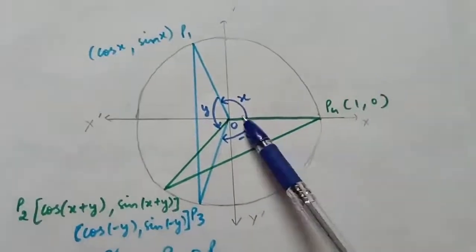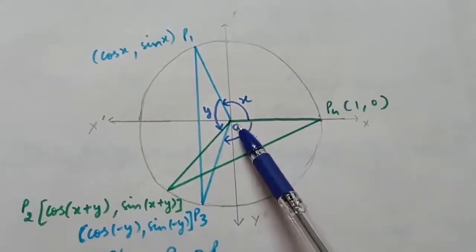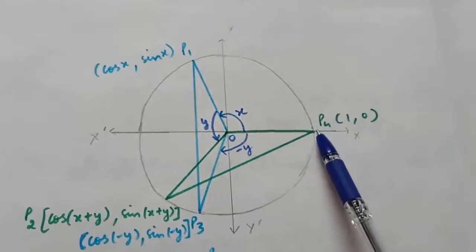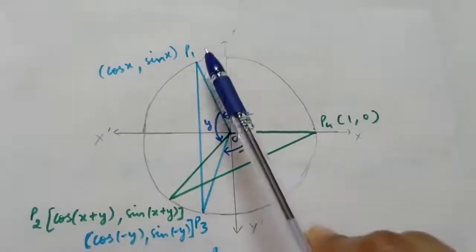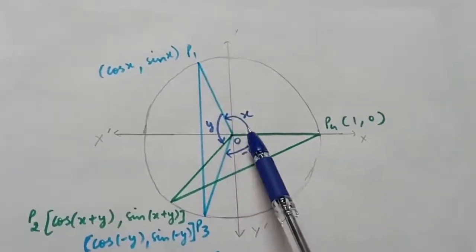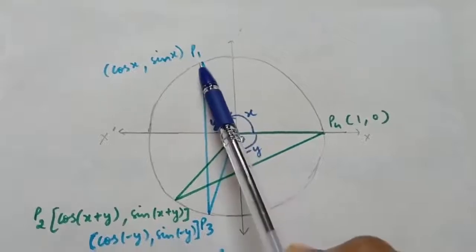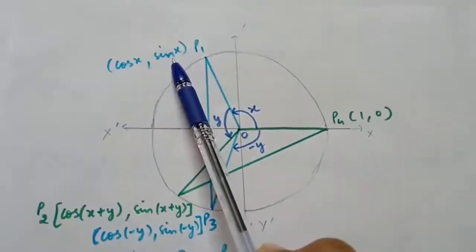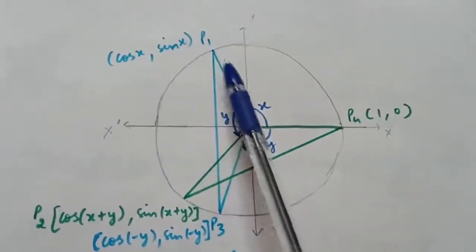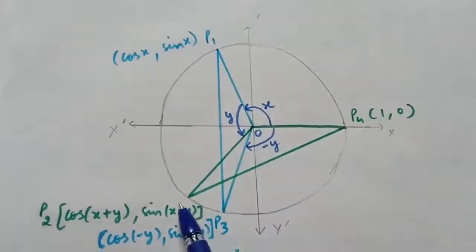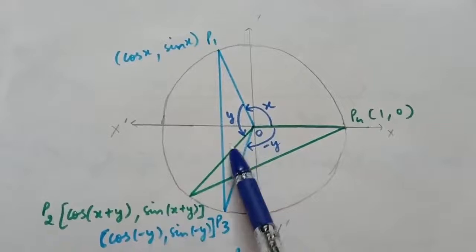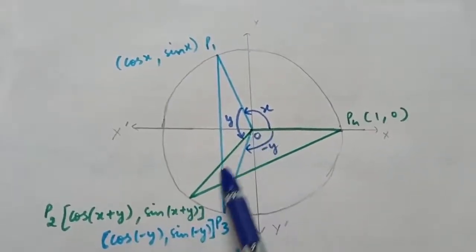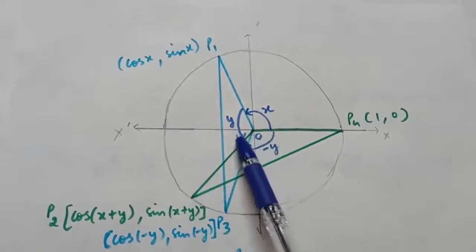Now consider this unit circle with center at origin. Let angle P4 O P1 be x. So the coordinates of P1 will be cos x, sin x. Let this angle P1 O P2 be y. So this complete angle P4 O P2 will be x plus y.